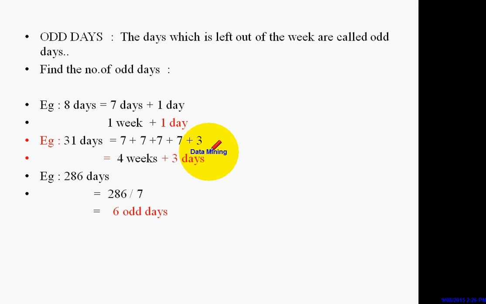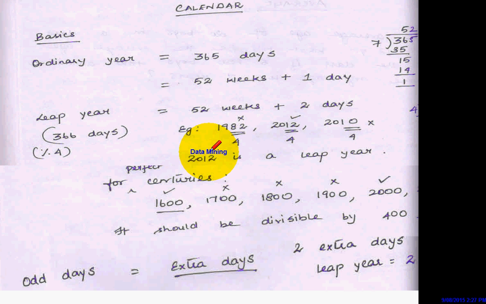The same with 286 days: you divide the value by 7 and the remainder is taken as the extra days. Why are we dividing by 7? The reason is 7 days form 1 week. So weeks are counted together and all the remaining extra days are termed as odd days. So odd days calculation is the very basic thing to proceed with.